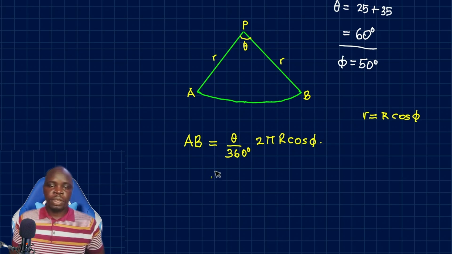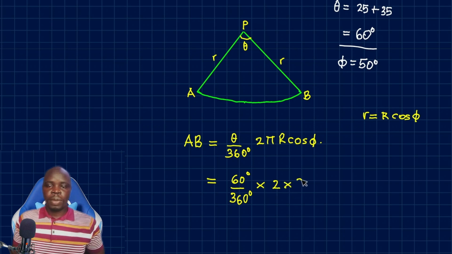So let's make the substitution into our formula, and we have theta as 60 degrees over 360 degrees, times the value 2.